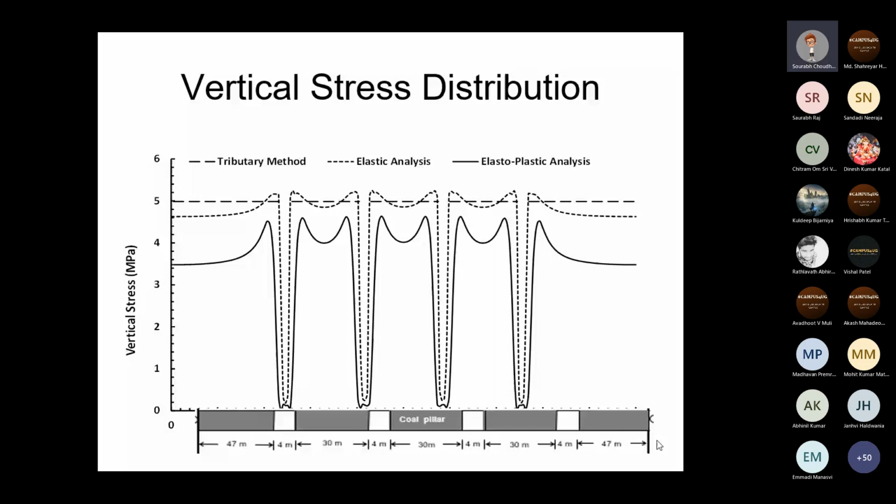Sir, but why is it more inclined rather than directly straight? You have given me the answer. Your answer was that in elastic analysis we are talking about elasticity: stress is proportional to strain, so they are linearly related.